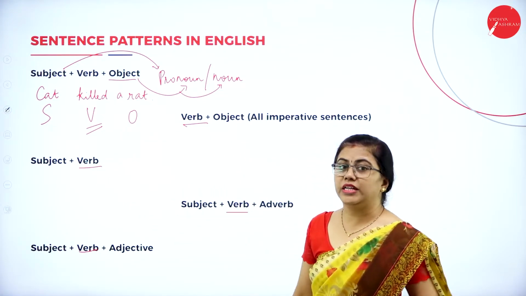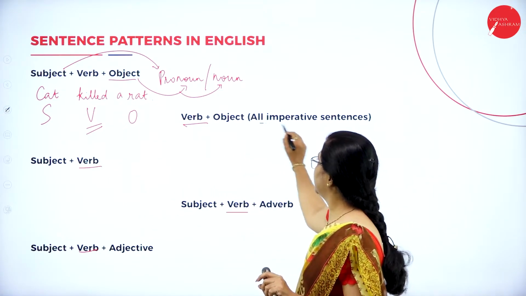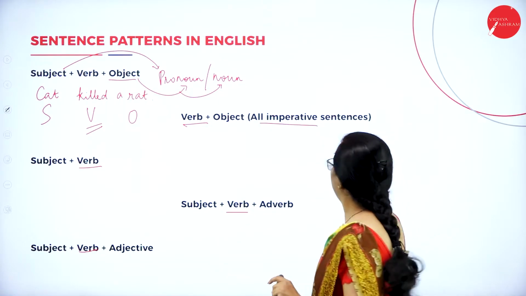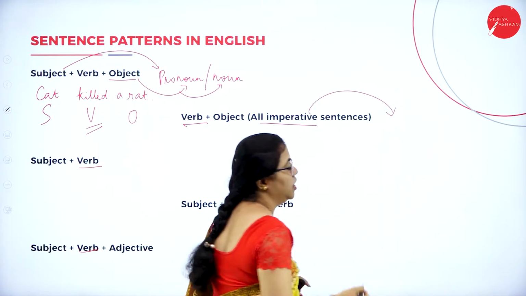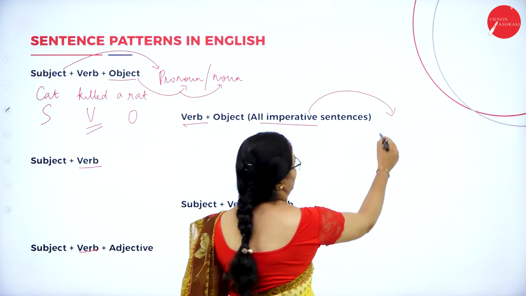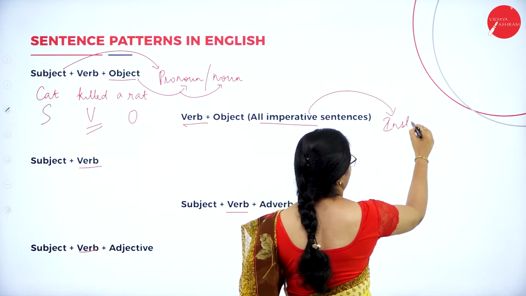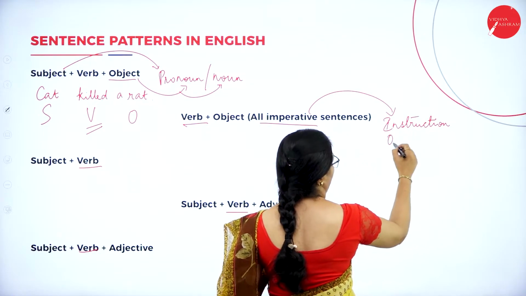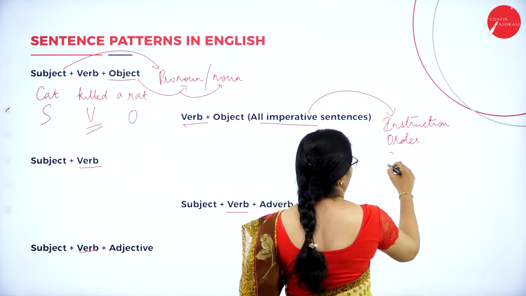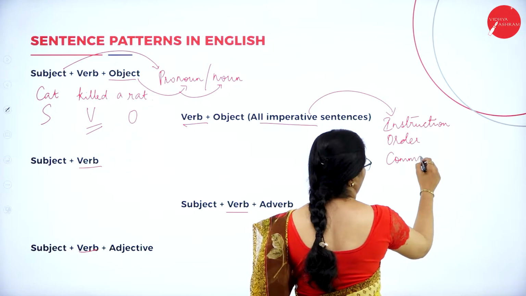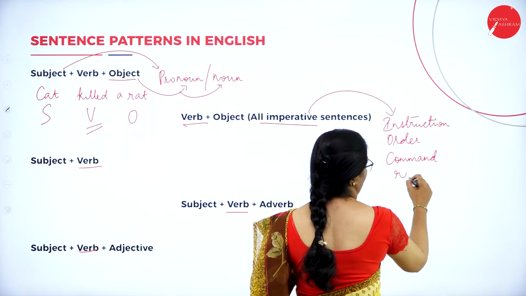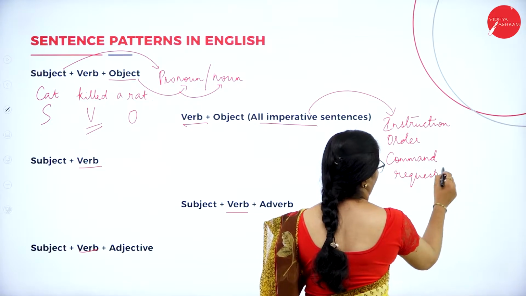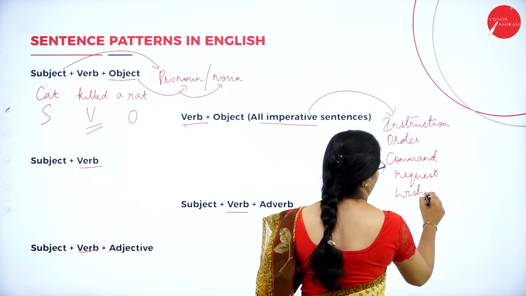Then verb and object: these are imperative sentences. What are imperative sentences? Imperative sentences are those wherein you give instructions. They come under imperative sentences, or maybe an order, or a command, or a request, or wishes also.